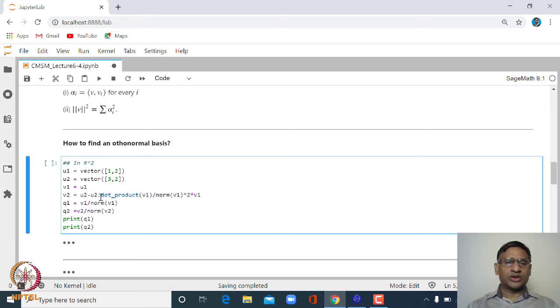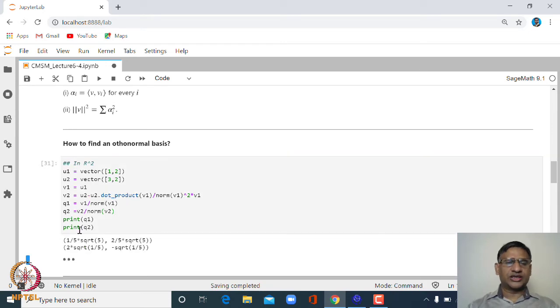Then let us define q1 to be v1 upon norm v1 and q2 to be v2 upon norm v2. You can just check that these 2 vectors are orthogonal to each other. We have already checked this; the only thing we did here was make them unit vectors.